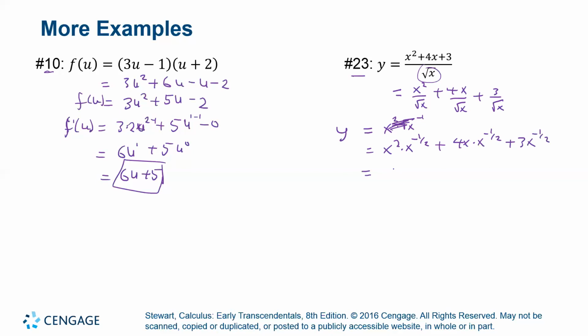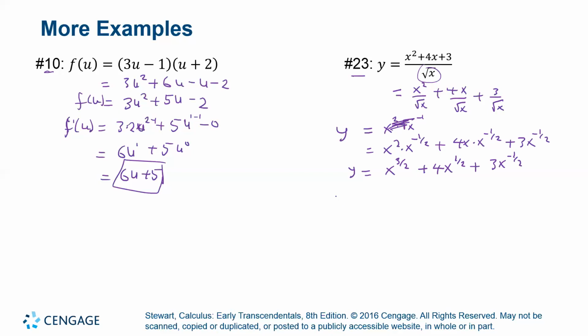Okay, so let's simplify that. This will be x raised to 3/2, because 2 minus half is 1 and 1/2. Then this will be plus 4x raised to 1/2, then plus 3x to negative 1/2. So now this is my y.